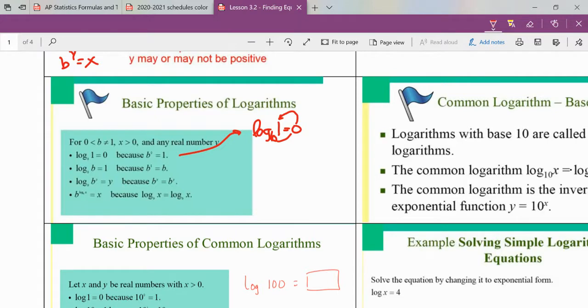All right. Here's another property. The second one here is log base b of b equals 1. Because again, this would be b to the first power is just what that value is. We can extend that property to say log base b of b to the y power is y.